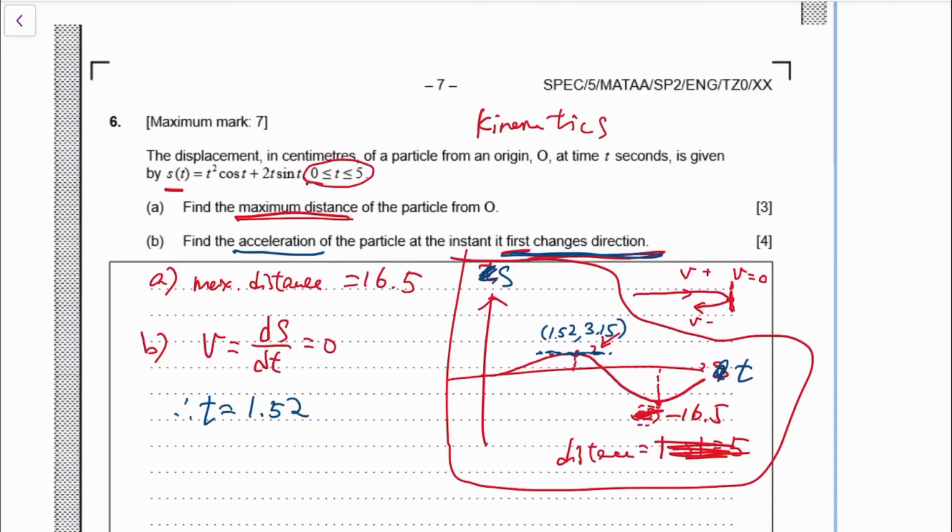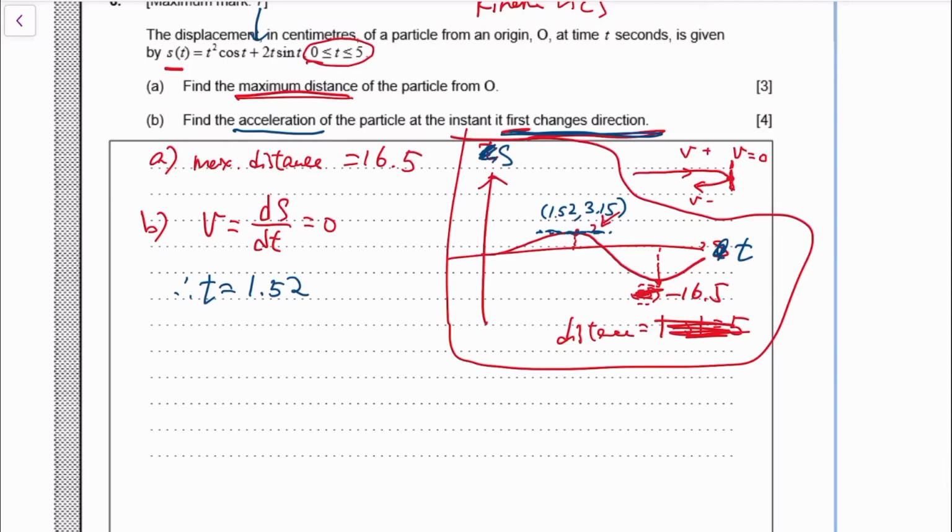Now I need to find the acceleration at that time. Okay, how do you find acceleration? Well, you find acceleration by differentiating this twice. Oh, but it would take quite long to actually do it. Can our calculator help? The answer is yes. Very likely your calculator would have the function to differentiate. But the calculator can only do numerical differentiation, so you need to tell the calculator at which x you want to evaluate your derivative.